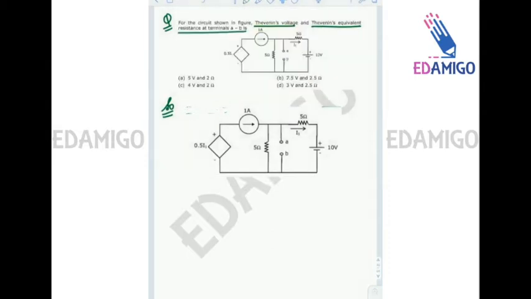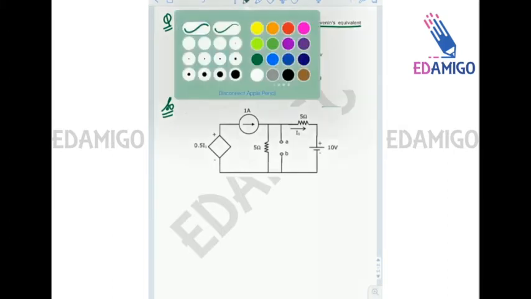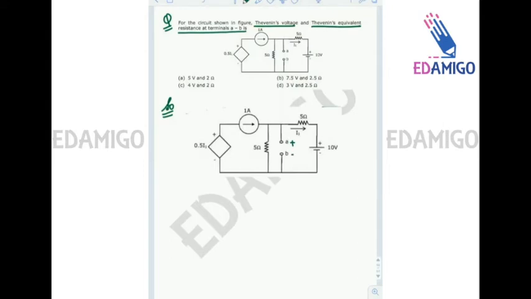First of all, we have to find the Thevenin voltage, or the open circuit voltage across the terminals A and B.